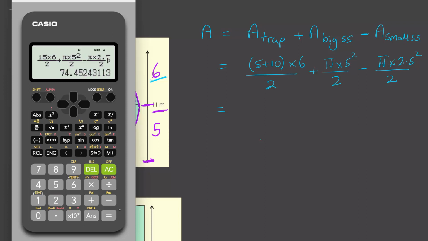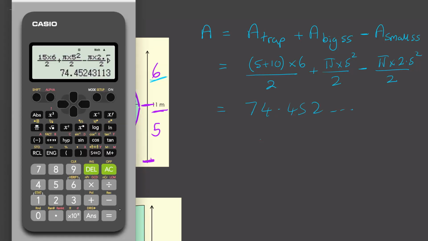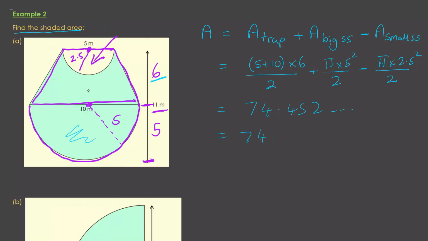So that's 74.452. Check that's right. Yeah. And so 74.45. And since all these lengths are in meters, that's in square meters, correct to 2 decimal places.